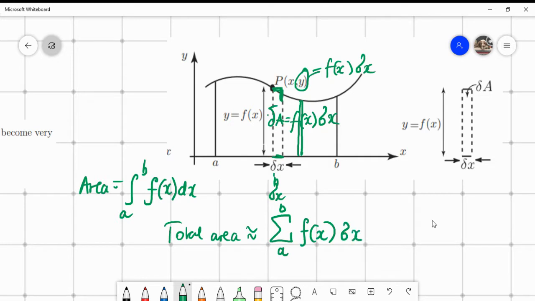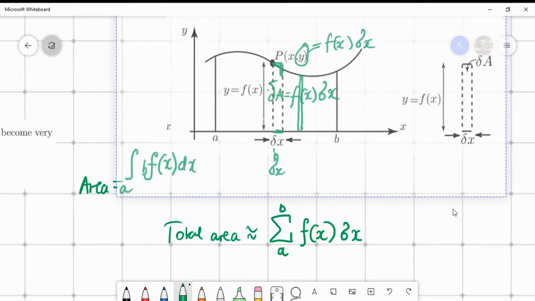Now if you want to be more accurate, you make that delta x tend to 0, so tiny that you almost can't measure the width of it, and you have an infinite number of them.